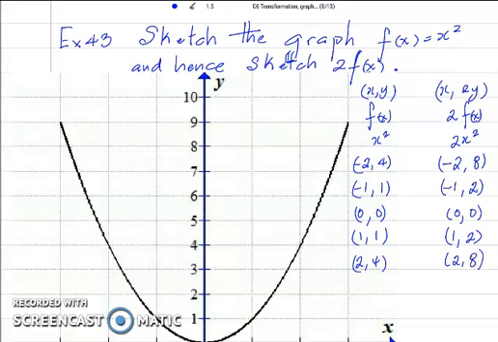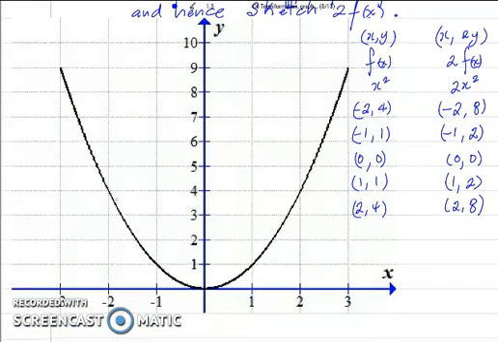So (-2, 4), which is here, is going to become (-2, 8), which is here. (1, 1), which is here, is going to become (1, 2), which is here. (0, 0) remains the same.